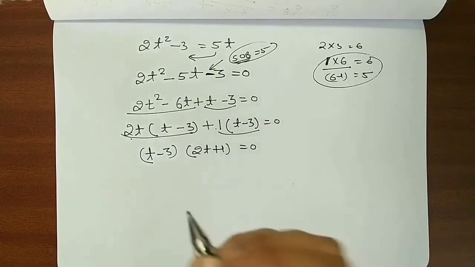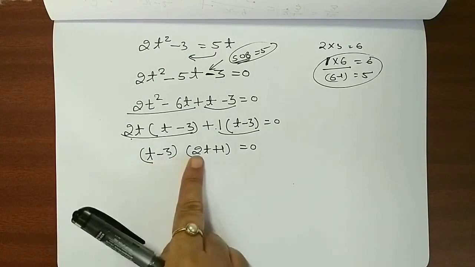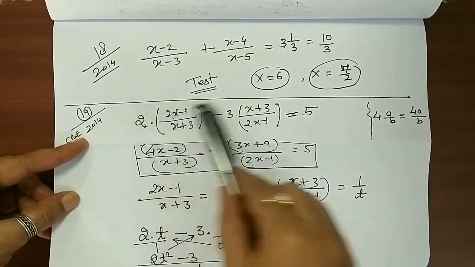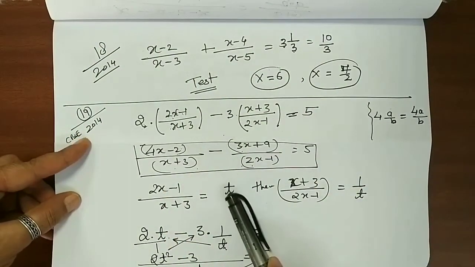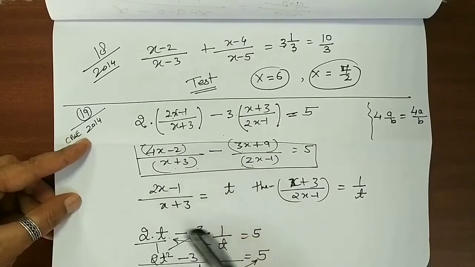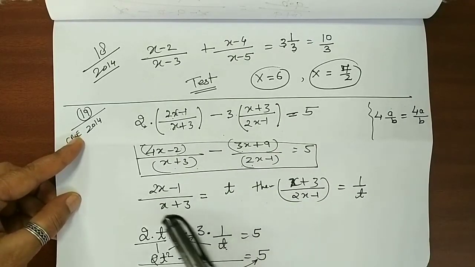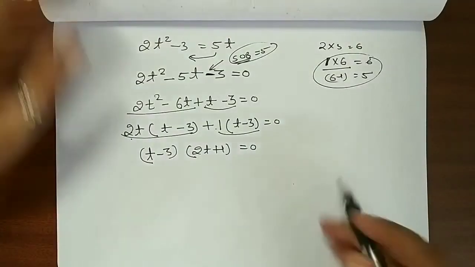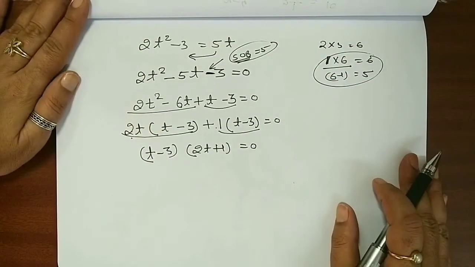Correct? But guys, this t was not present in my actual question. If you remember, the question was in terms of x. t was my assumption. So I cannot say that this is my final solution. I need one more step.